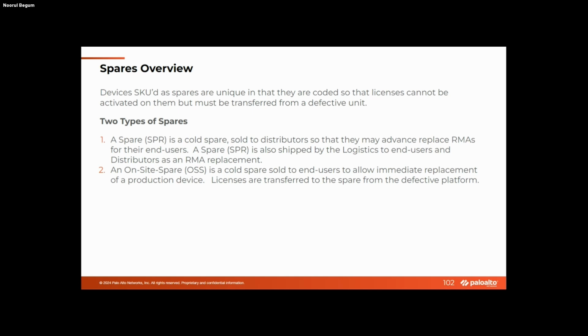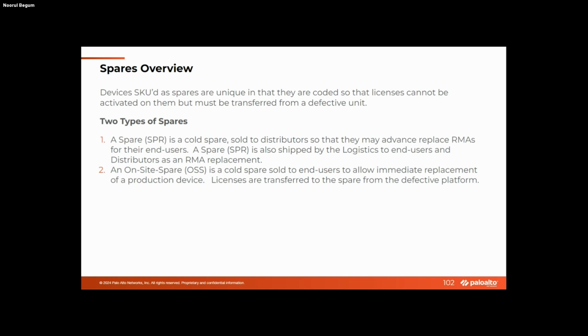So an on-site spare, an OSS, is a cold spare sold to end users to allow immediate replacement of production devices. So licenses are transferred to the spare from defective platforms. For example, a customer has 5 devices and one spare, one OSS. So this is like a standby device.